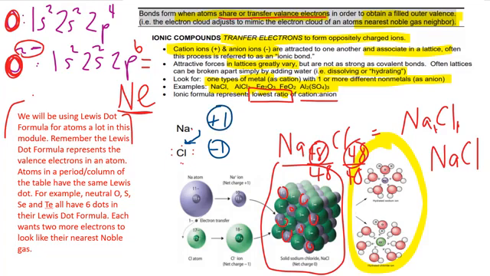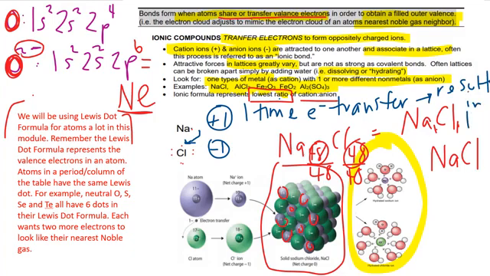When it wants to come into this lattice, it gives a one-time electron transfer, and that results in an ion. So I have a Na plus and a Cl minus.